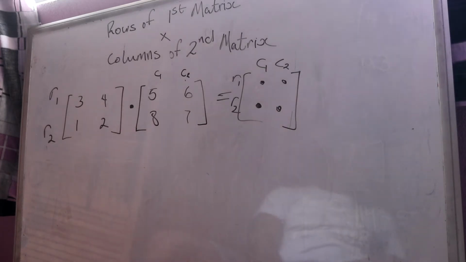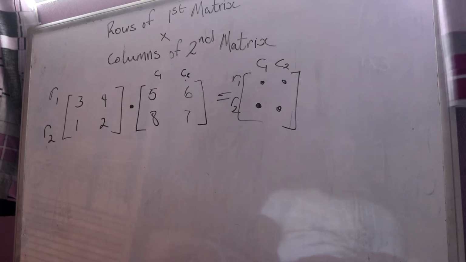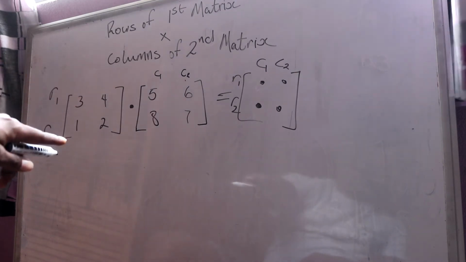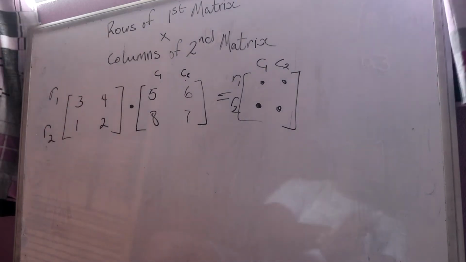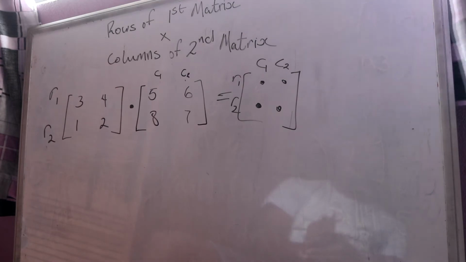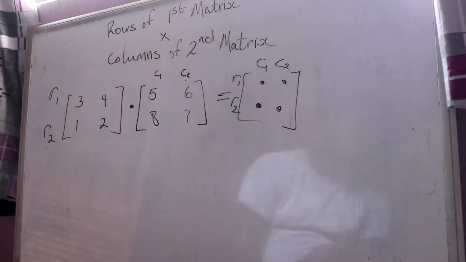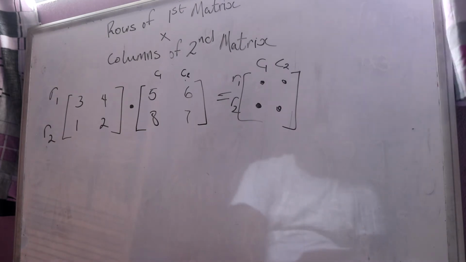Alright, so here we have now the same exact thing, but we're using numbers. Okay? So this is the same 2x2 matrix, 2x2 matrix. Our answer will also be a 2x2 matrix. For those of you who didn't know, you can use a dot to represent multiplying.